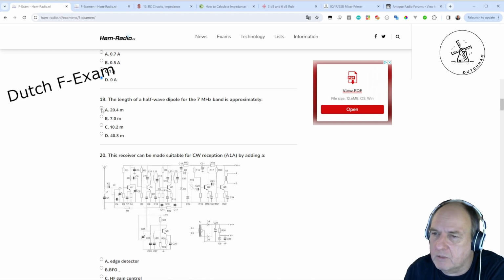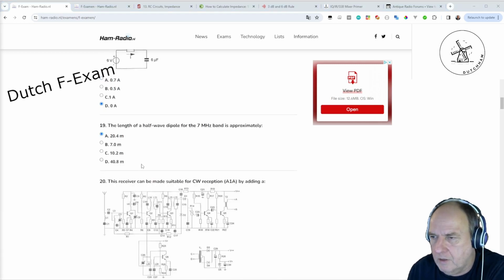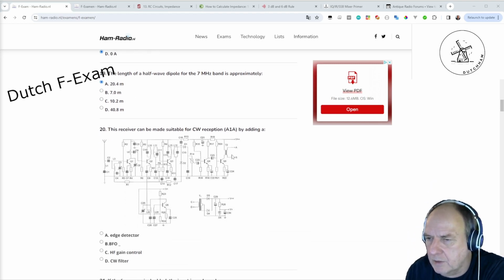But do I mean half of the dipole or the full length of the dipole? So now I will go for answer 19A. It's about 40 meters, so the half-wave dipole will be 20 meters.